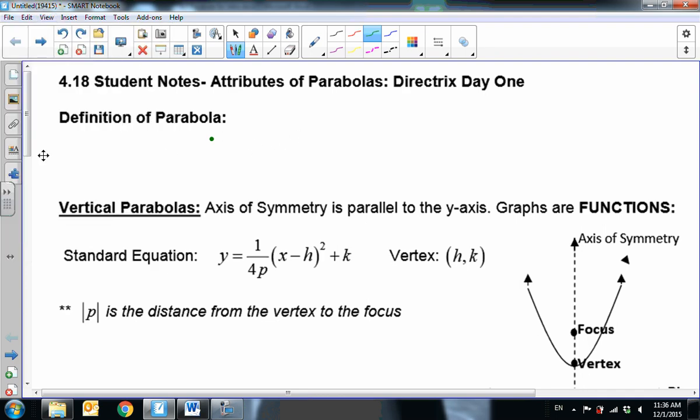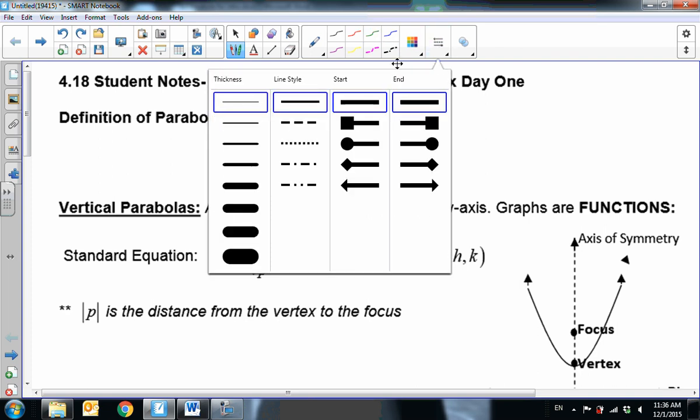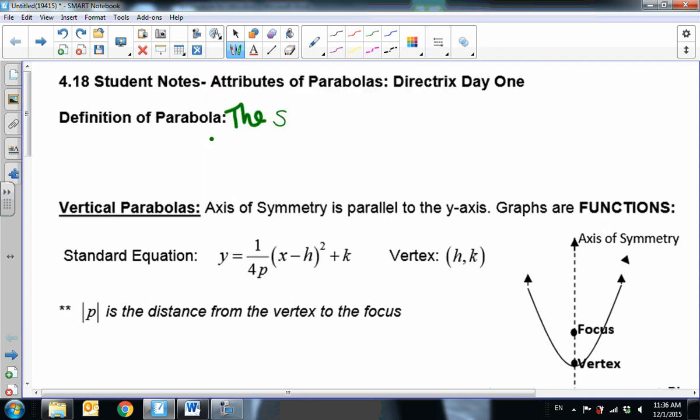All right, so the definition of a parabola is the set of all points equidistant.